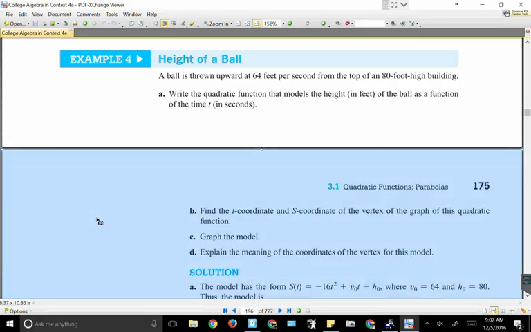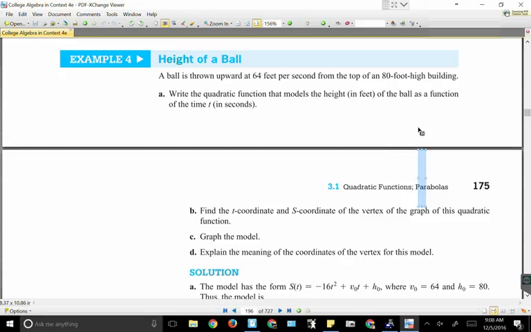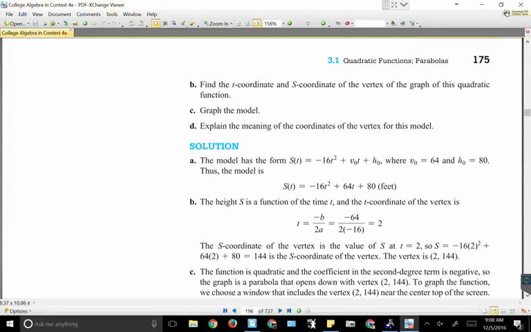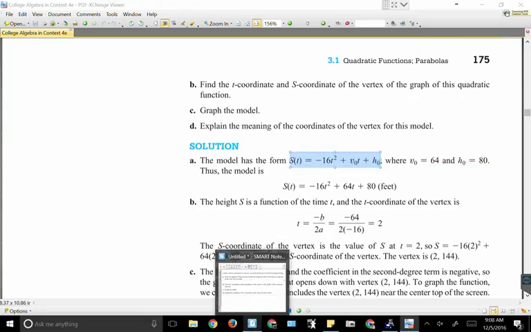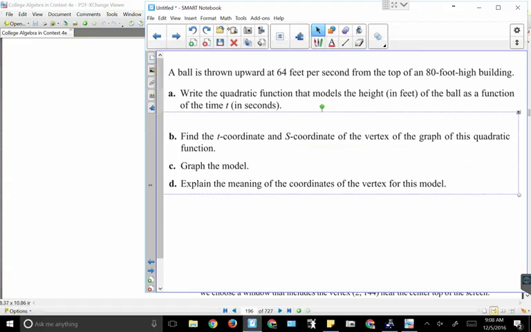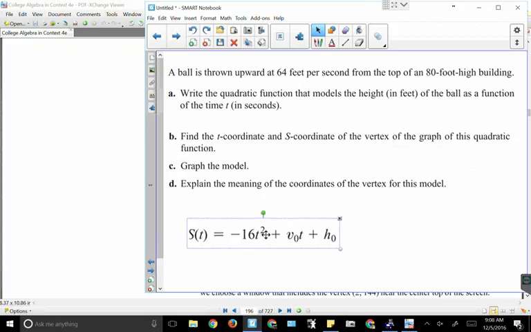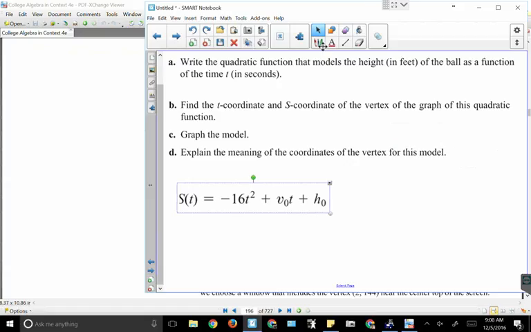There is something that you need to make sure that you write down into your notes. This little thing right here. Now, what goes where?